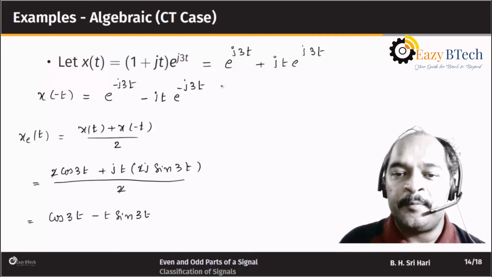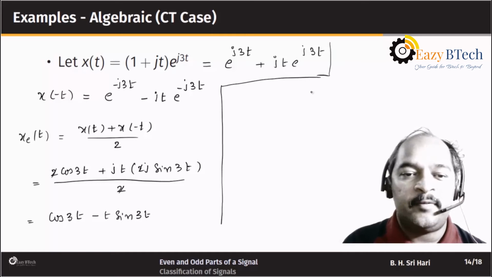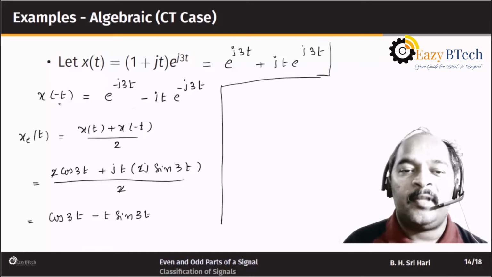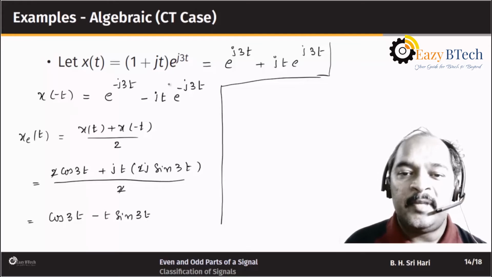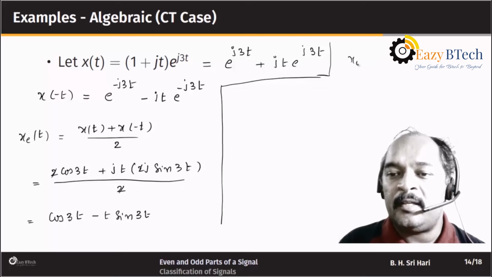Similarly, to find the odd part, what do we have to do? We have to subtract x of minus t from x of t. So I'll write the equation here. xo of t is equal to x of t minus x of minus t divided by 2.